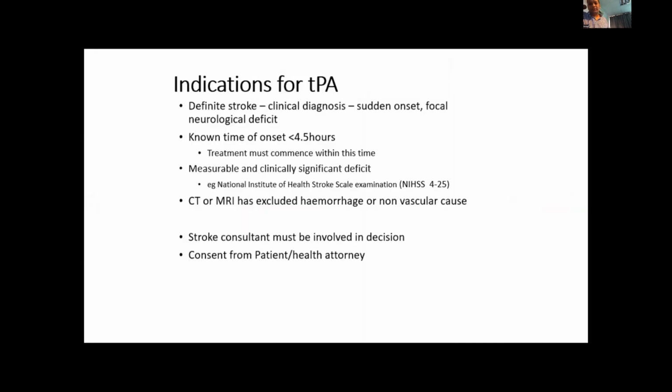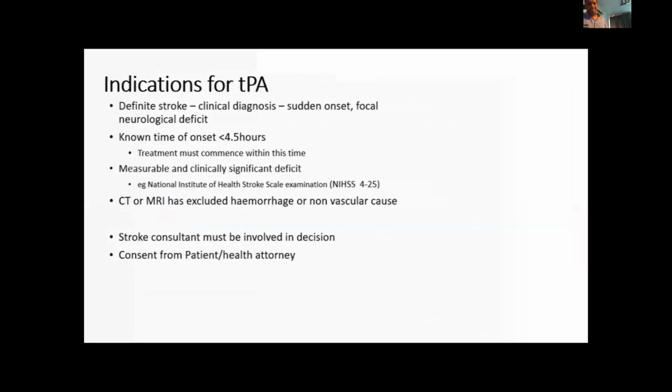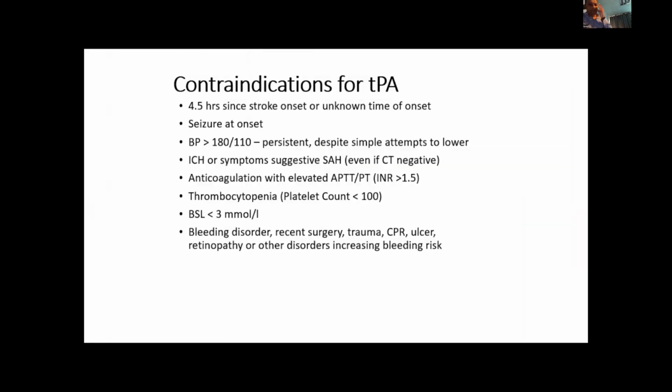So the indications for TPA, well, we're probably going to talk about this a little bit, but clearly a stroke onset within 4.5 hours, which still is on the FDA guidelines for when to use IV TPA, although that's changing, and I'll talk to you about that in a second. Obviously, hemorrhage, contraindications.